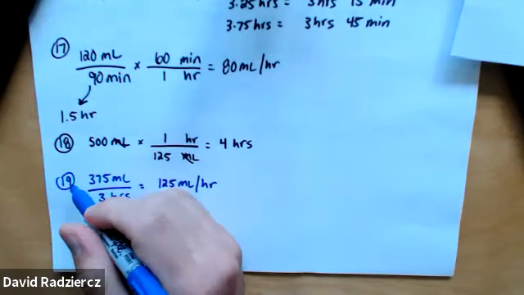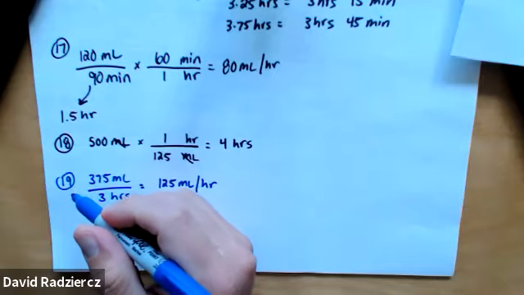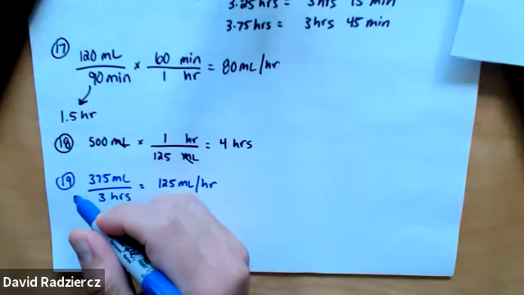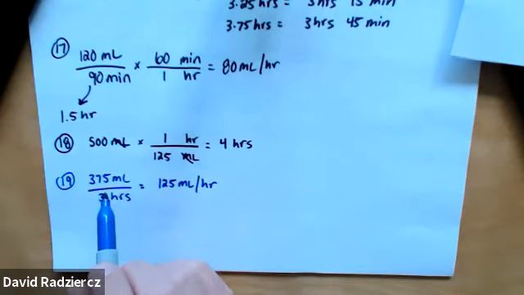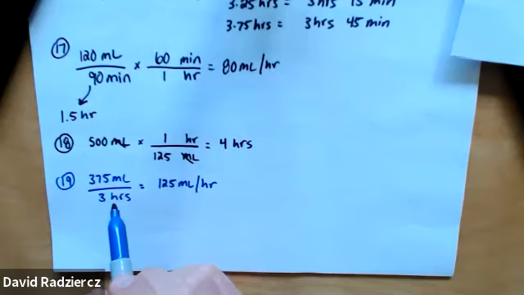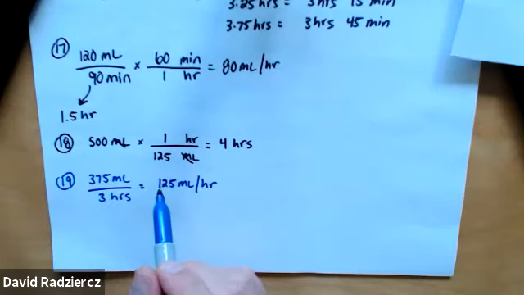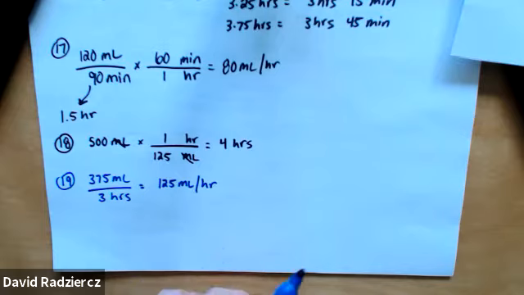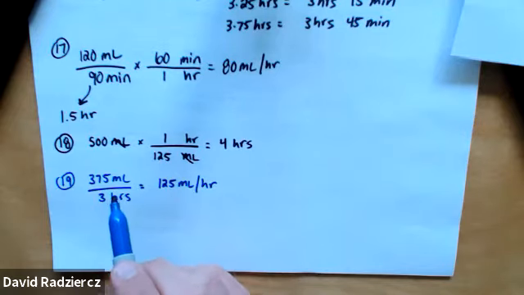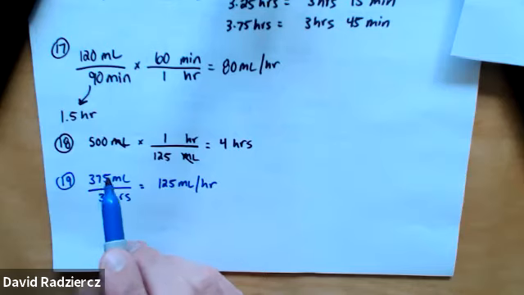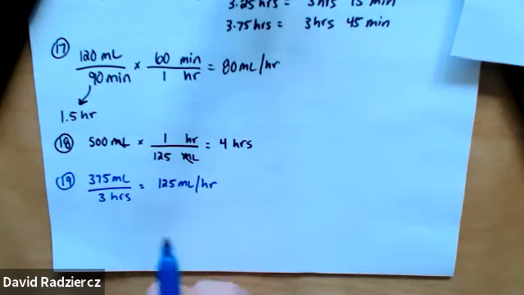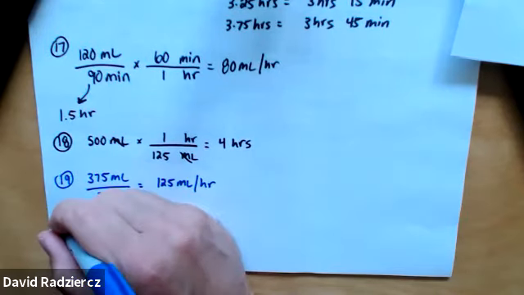Believe it or not, this question 19 is commonly missed, because you might be looking for more math to do. The only math here is 375 divided by 3. That's all I did to find the milliliters per hour. There's nothing to multiply or divide by outside of the flow rate, which is just volume over time, or milliliters over hours.